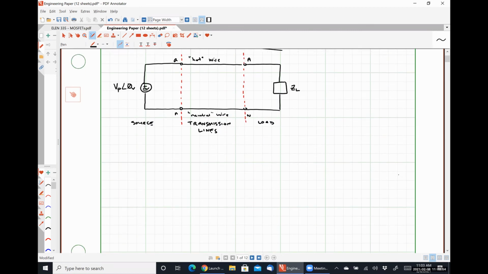Well, in a three-phase, three-wire system, which is very commonly used, that would look something like this. There's our A phase.